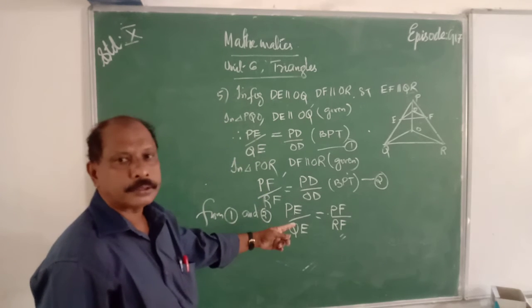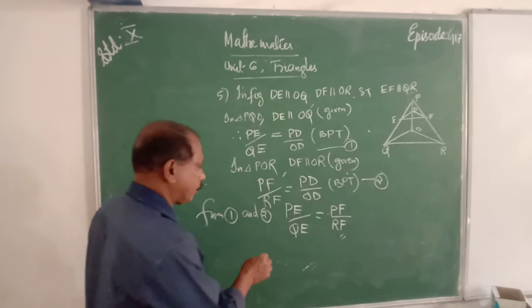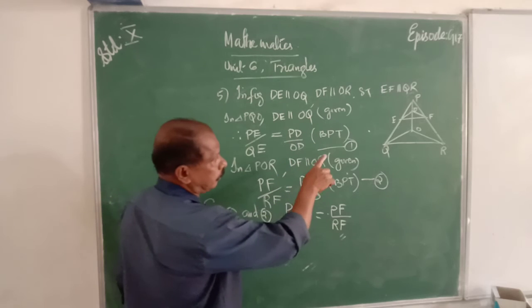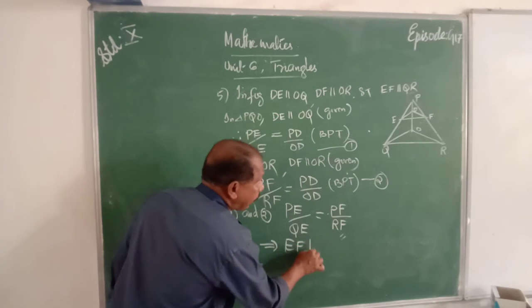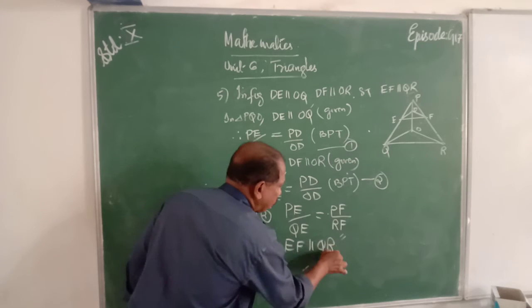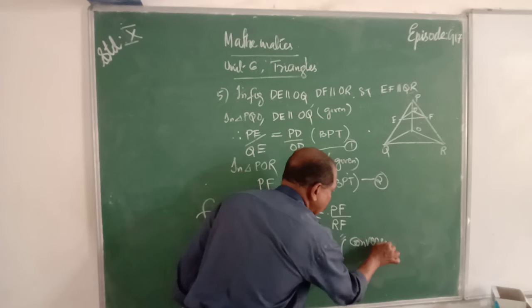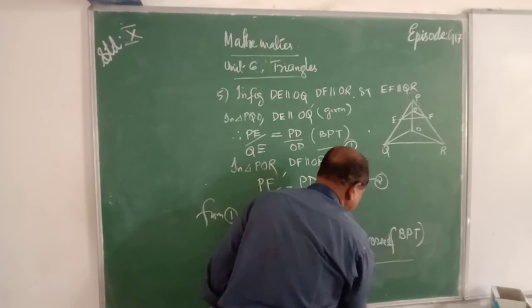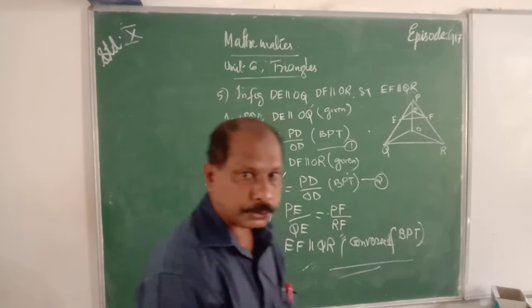This is the ratio of the sides, which implies that EF is parallel to QR. What's the reason? Converse of basic proportionality theorem. That is the answer of that fifth question.